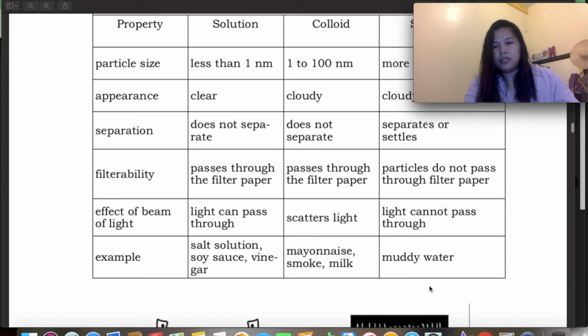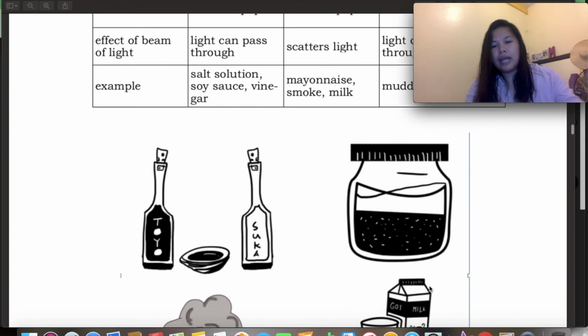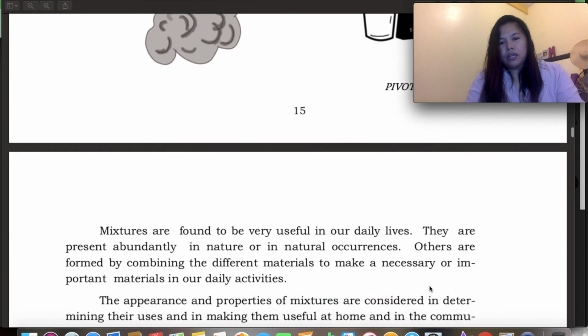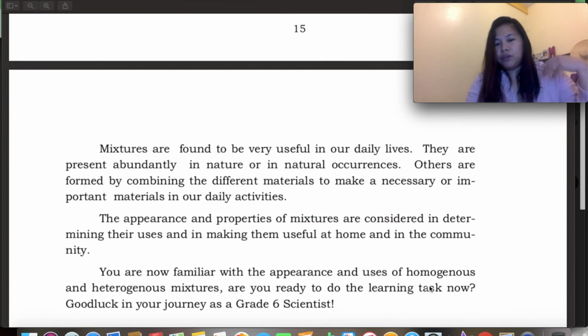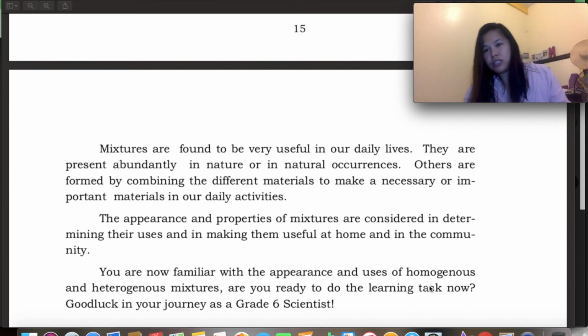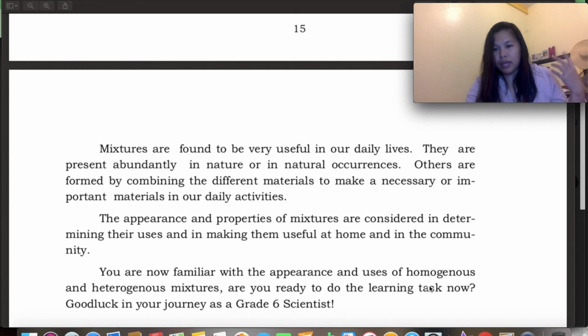I-search nyo, maraming nalabas. Okay, now, the mixtures are found to be very useful in our daily lives. Most of these mixtures is our food. Marami sa food natin. Then, marami din sa medicine. So, it is very useful to us. They are present abundantly in nature and natural occurrence.